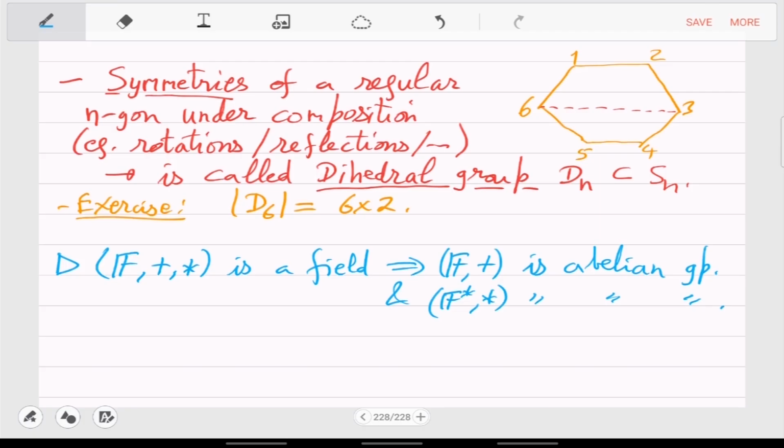Just with these 3 axioms, you will have a field. So field is a very special case of group because this multiplication here is also abelian. Instead of this, if you look at the matrices, then in addition it's an abelian group. In multiplication, it's neither abelian nor group.